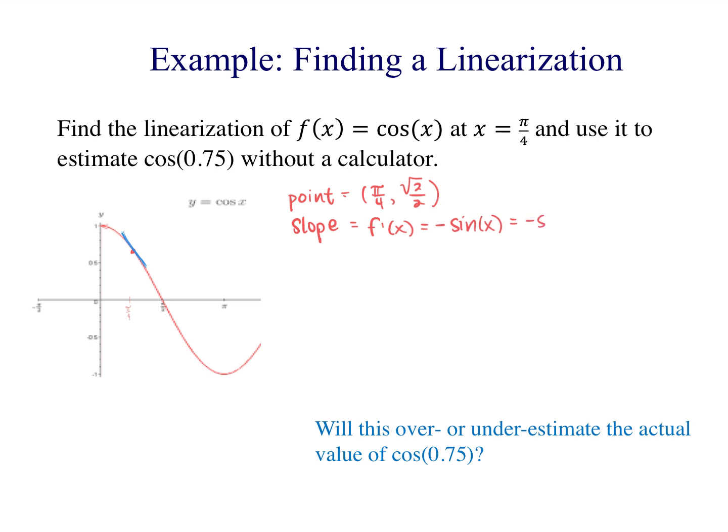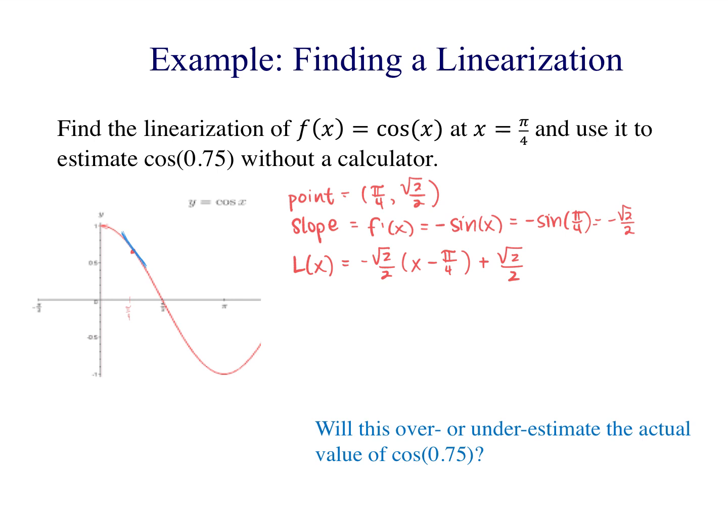And so negative sine of pi fourths is negative rad 2 over 2. So the linearization and the function share the point and the slope. So my linearization is the slope, negative rad 2 over 2, times x minus the x value, which is x minus pi fourths, and then plus the y value. So that is my linearization.